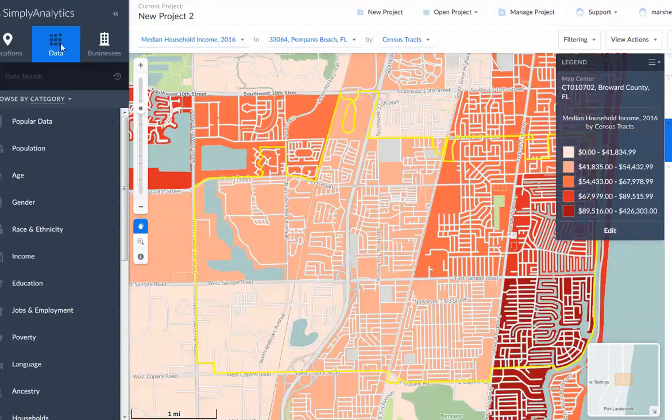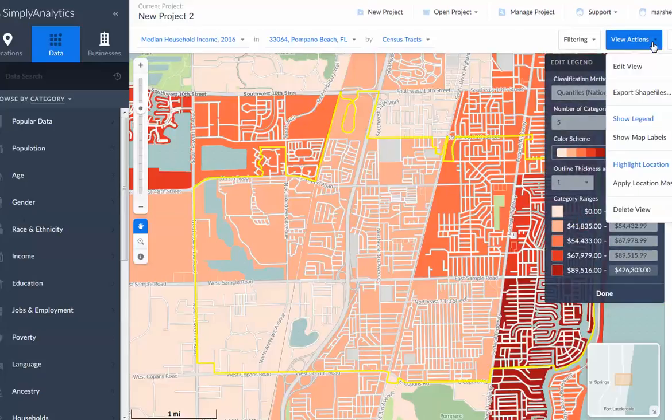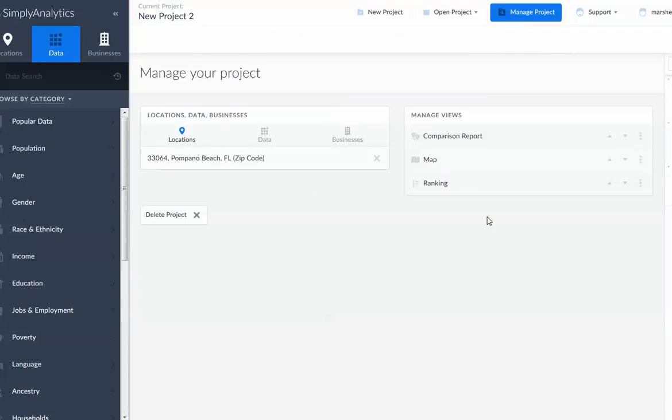I want a comparison view. So I'm going to edit my view. I'm going to manage my project. There we go, manage my project. I'm going to choose comparison report, which is not a map, and that's pretty important here.